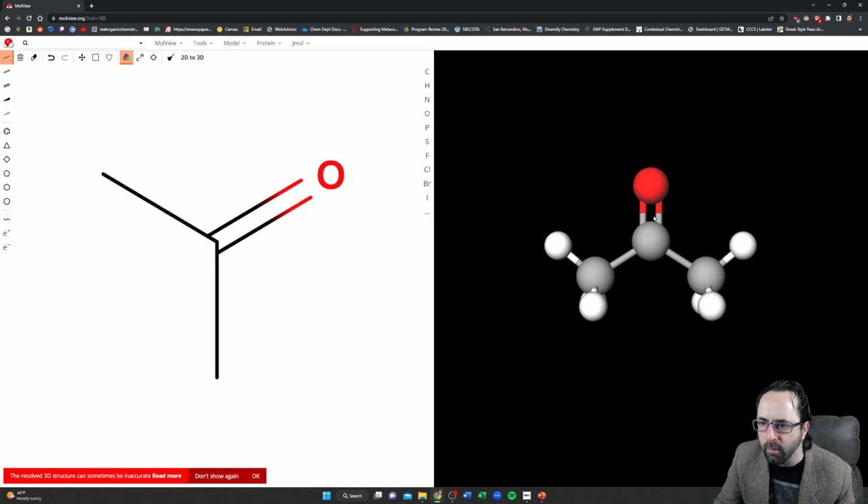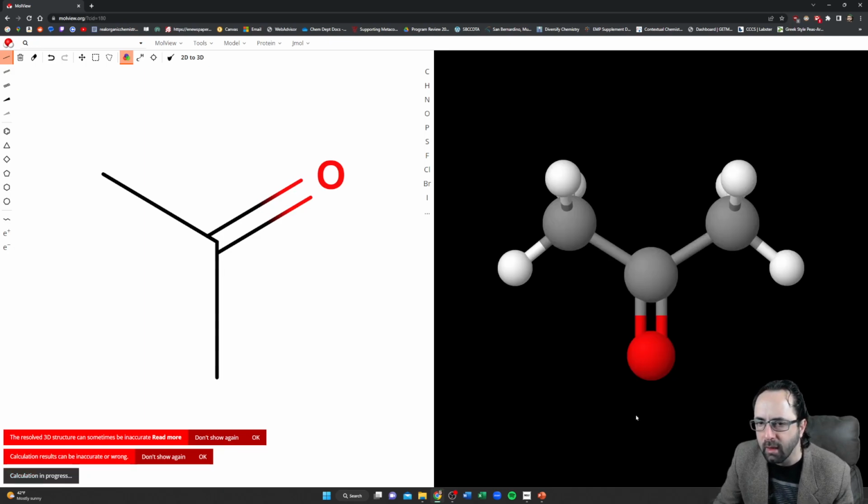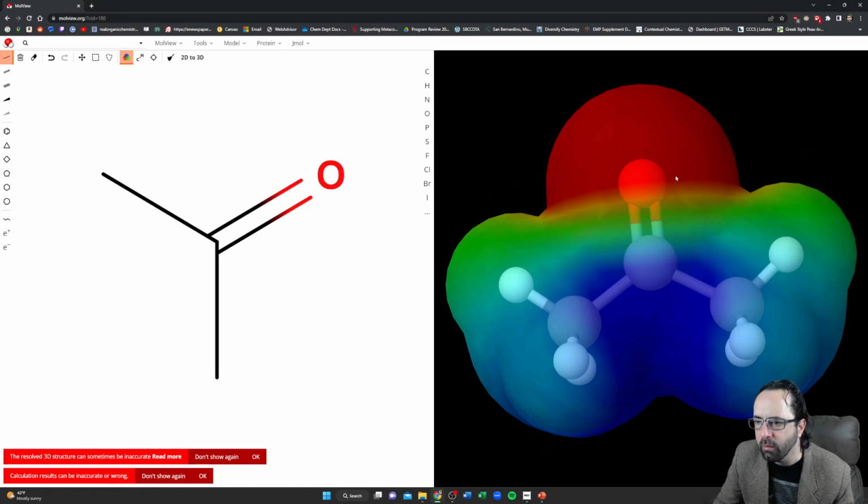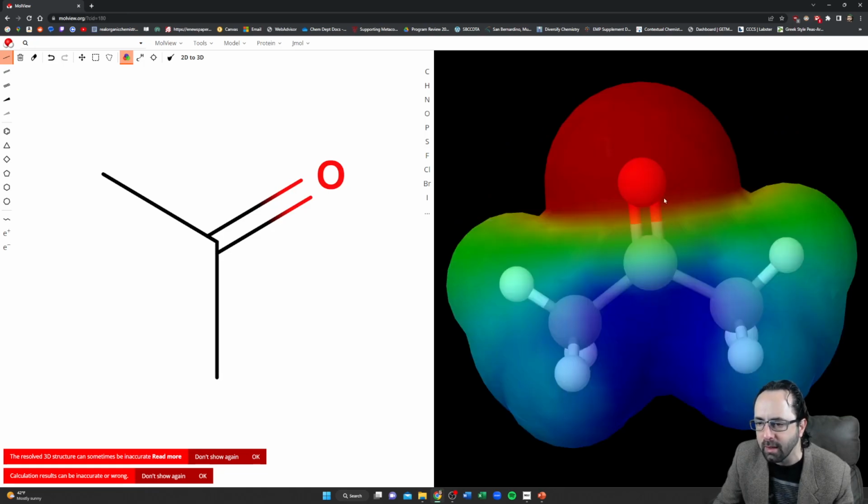But also that results in a huge charge separation, where it's very negative up at the top and very positive down where the carbon is. You can see that if you do Jmol electron surface, where the oxygen is, it's very deep red, indicating great negativity there. And on the other side where the carbon is, it's very deep blue, indicating a very positive charge, and the green is neutral in between.